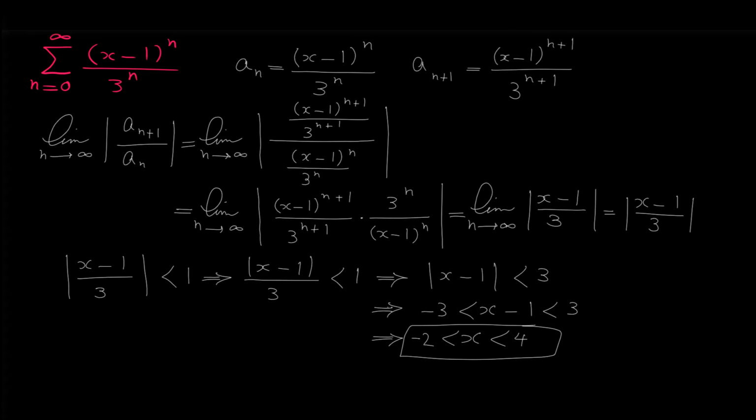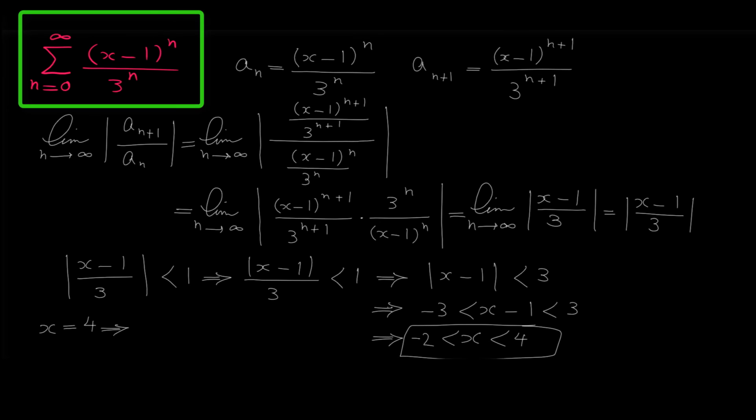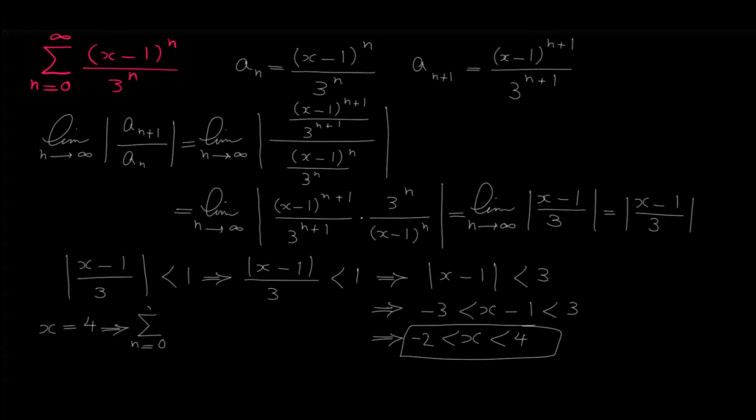Let us start with x equals 4. If we put x equals 4 in our power series, we get the sum from n equals 0 to infinity of (4 minus 1) to the power of n over 3 to the power of n. 4 minus 1 is 3. 3 to the n over 3 to the n is 1.